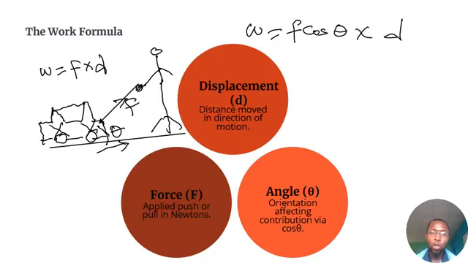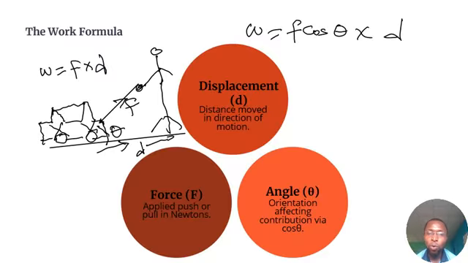Are you getting me now? So the force that will make this vehicle move in the horizontal direction will be F cos theta, where theta is the angle between the floor and the rope, and the distance is between the point where the toy car was before, to the new position. That's displacement, from this place to this place.